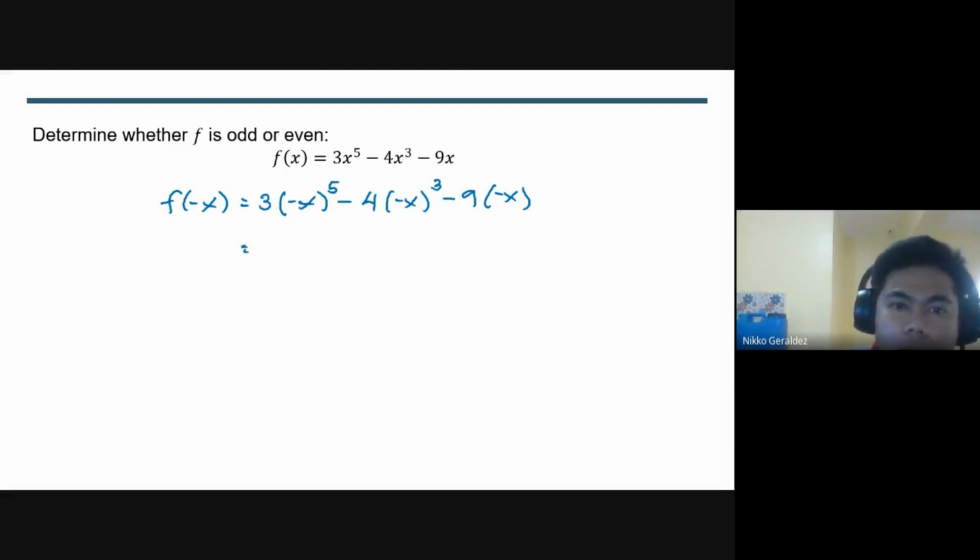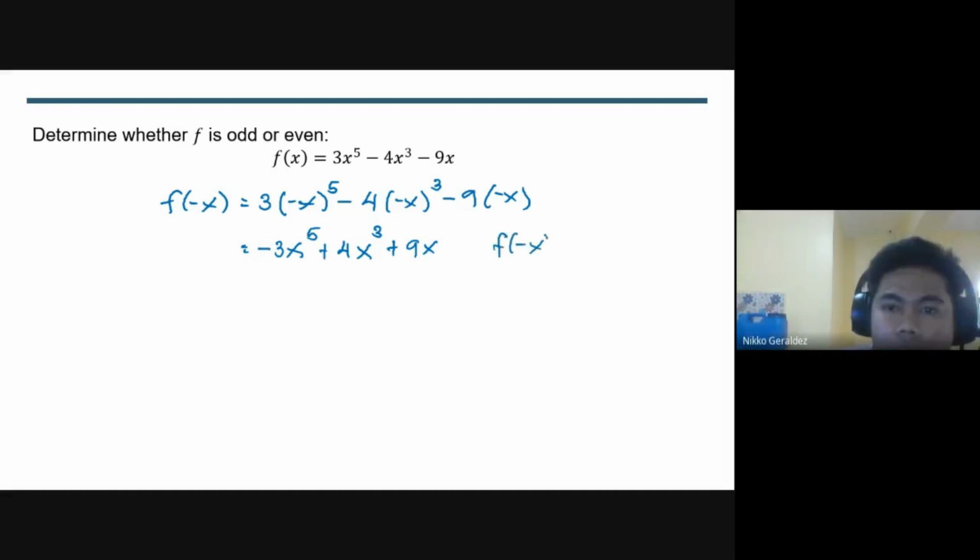So 3 times negative x raised to 5 is negative 3x raised to 5. Negative x cubed times negative 4 gives plus 4x cubed. Then negative 9 times negative x is positive 9x. So, does it satisfy definition 1?